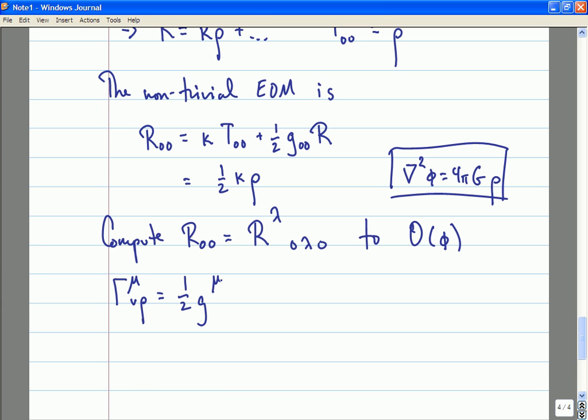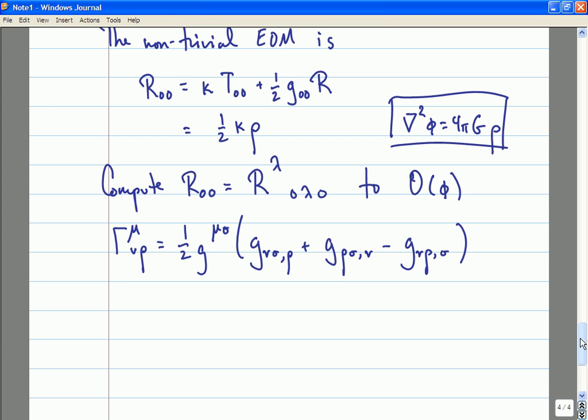Let me remind you what the Christoffel symbol looks like. It's this particular combination of derivatives of the metric. So if we stare at this for a second, and we remember what the metric looks like, so this was the metric.